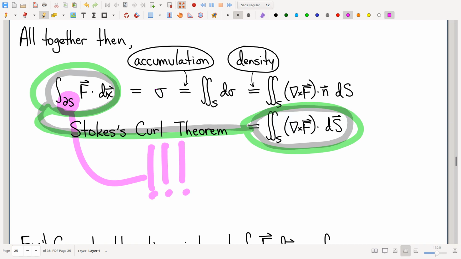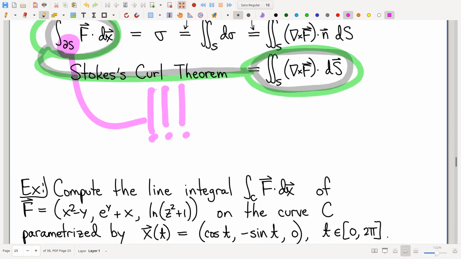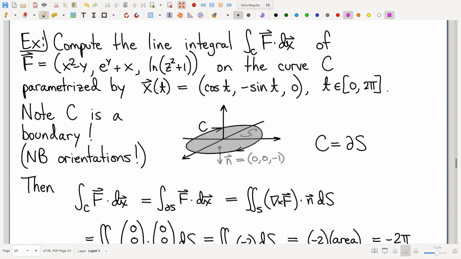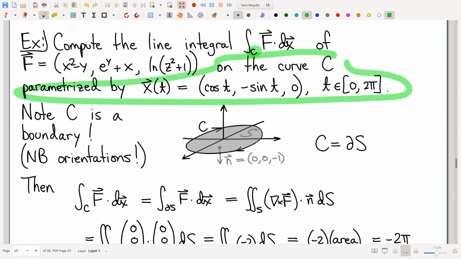Yeah, right. So let's see here. We have to make sure, if we're going to cite Stokes' theorem, that our curve is a boundary. Reminder, all we know about our curve is a parameterization, but I'm going to remind y'all the curve is pretty clearly in the xy plane.